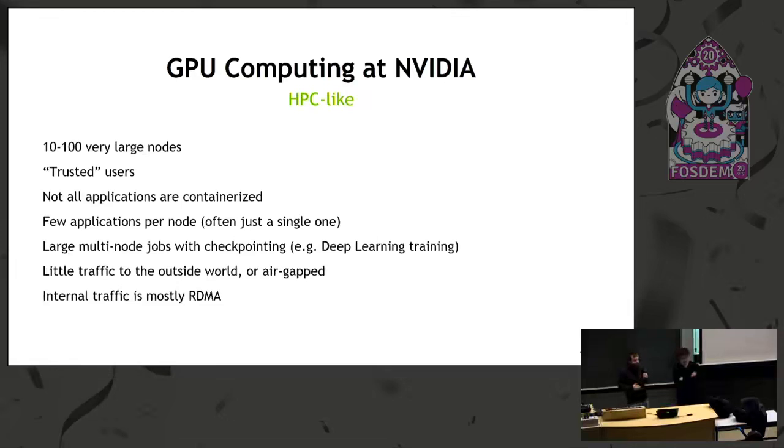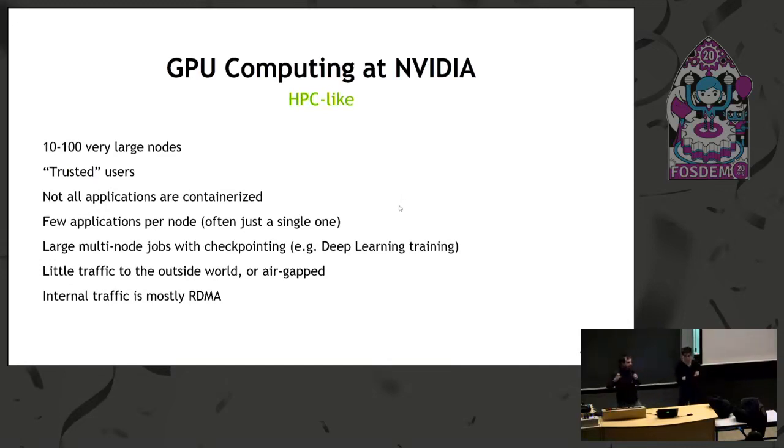If an application is not containerized because it's packaged well, don't use a container. We don't want to force users to use a container, because they did their job correctly. This step actually eliminates Kubernetes already, because Kubernetes containerizes everything. And we have few applications per node. We are not very dense. We also have multi-node jobs, which means that you need to start 30.